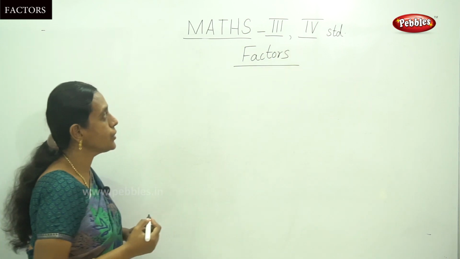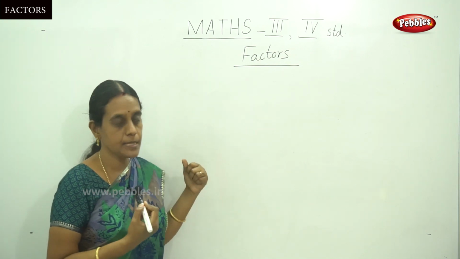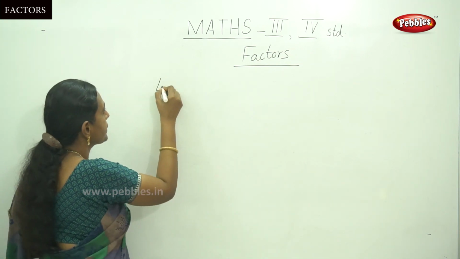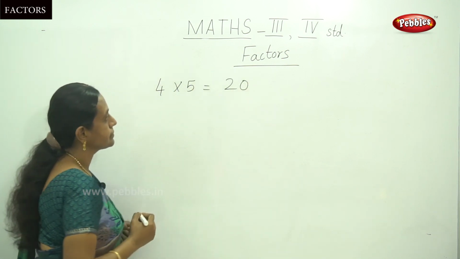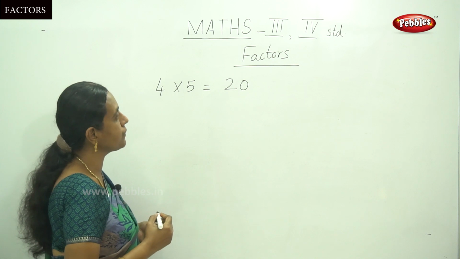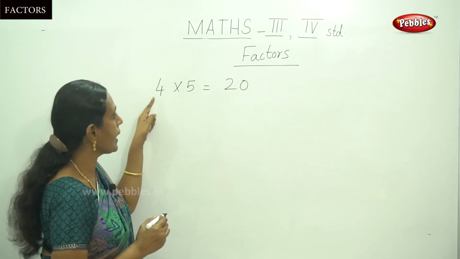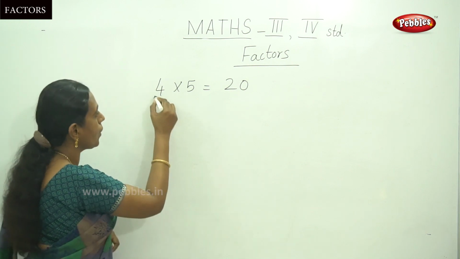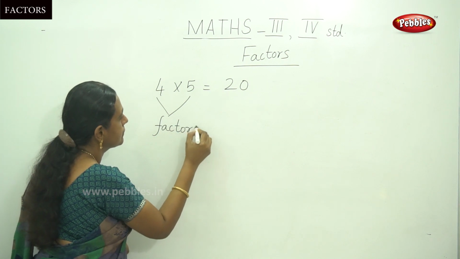Okay, what are called factors? I am going to explain with an example sum: here 4 5s are 20. Here this 4 and 5 are called factors.